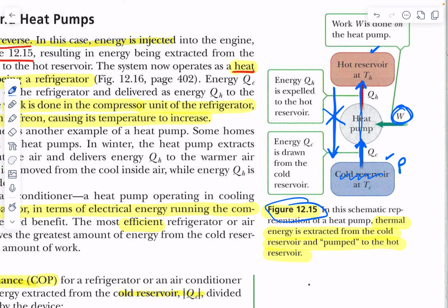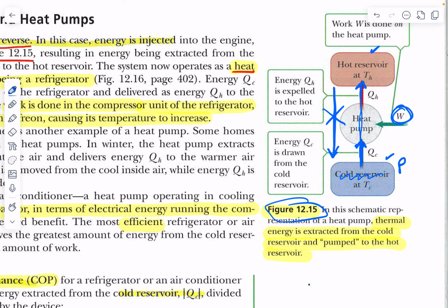Maybe you've seen the back side of a refrigerator or freezer where there are these black tubes, usually painted black. And this expanded Freon then loses its heat to the warmer room, and then we repeat the process.